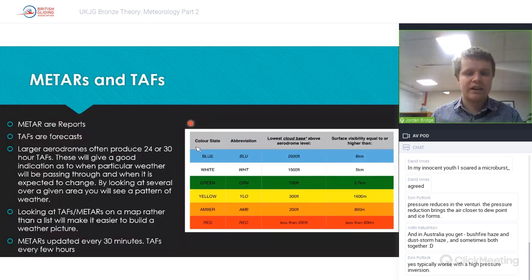So generally for gliding, we're looking at something either white or blue. We're going to have a look at a bit more detail in this. You are expected to be able to decode these, and we'll go through a pretend one in just a moment. But yeah, METARs are reports, TAFs are forecasts.